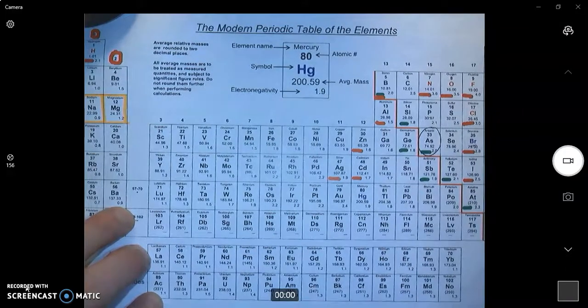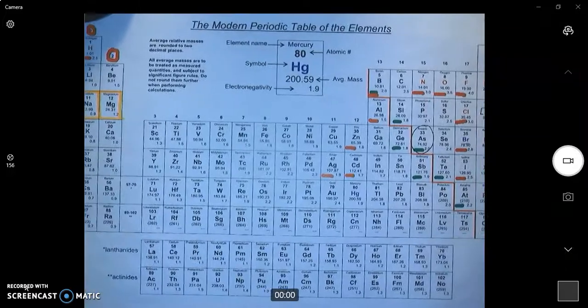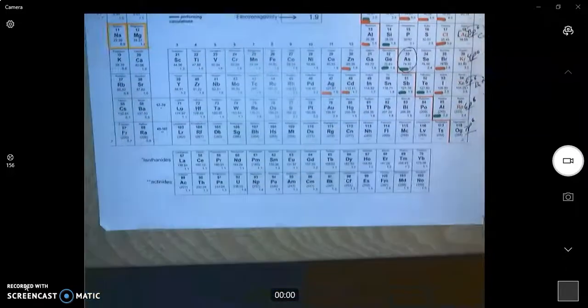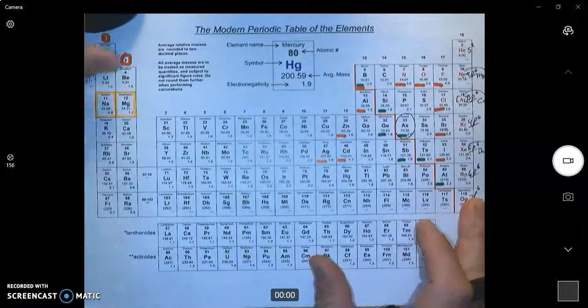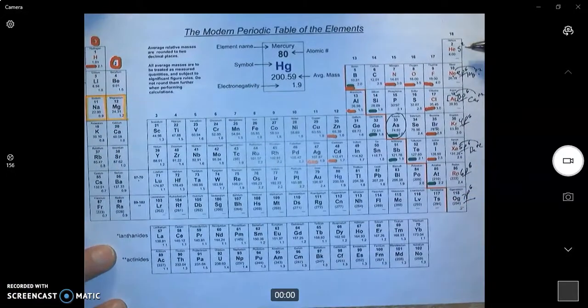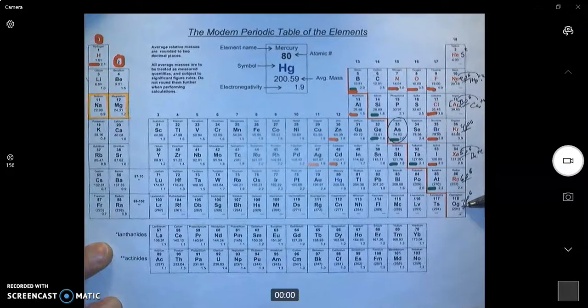Every single atom on this periodic table has a desire to gain or lose electrons so that their electron cloud is like helium, neon, argon, krypton, xenon, radon, or astatine. Okay? And all that means is that it has a full 1s2, a full 2s and 2p, full 3s and 3p.